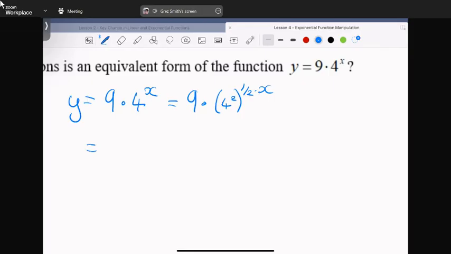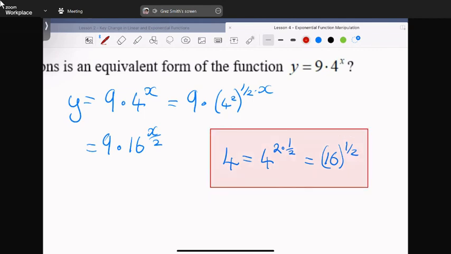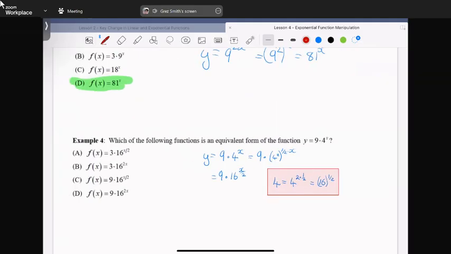That's going to give us 9 times 16 to the x over 2. Using the idea that 4 equals 4 to the power of 2 times a half, which is 16 to the half. I'm using this idea. So which one matches that? A.